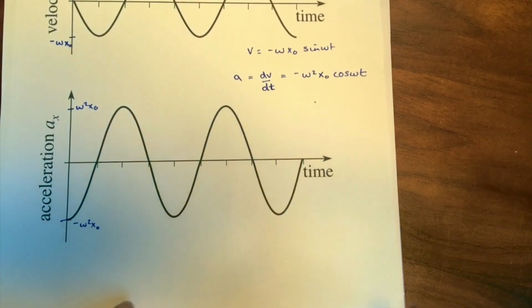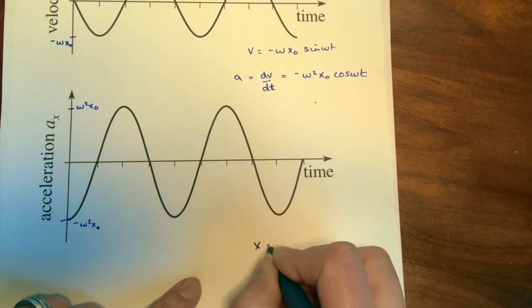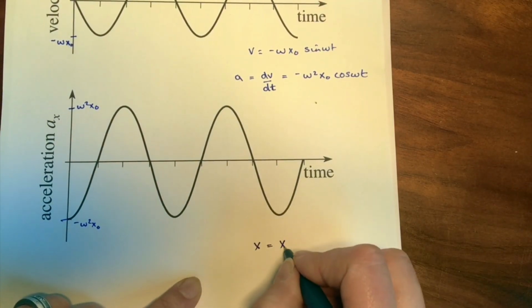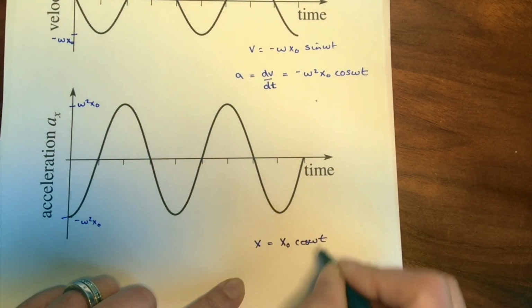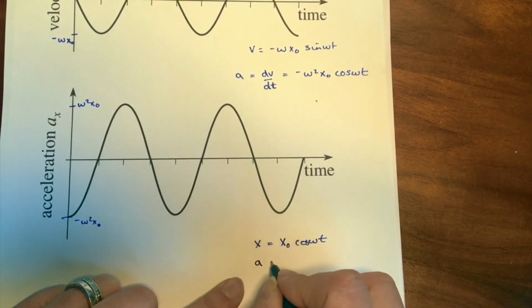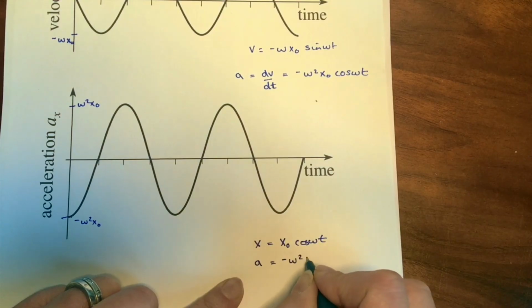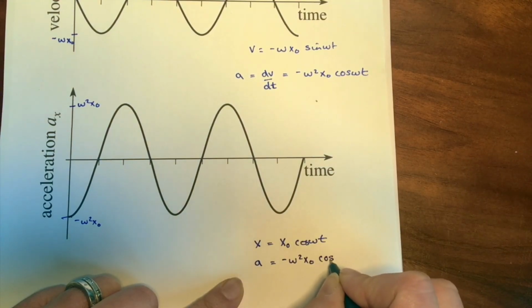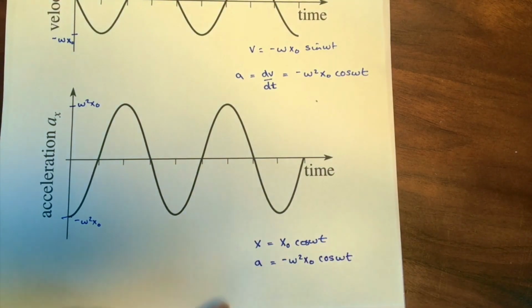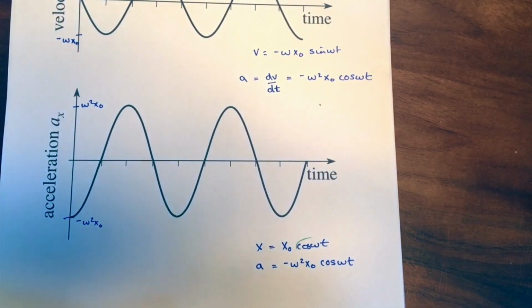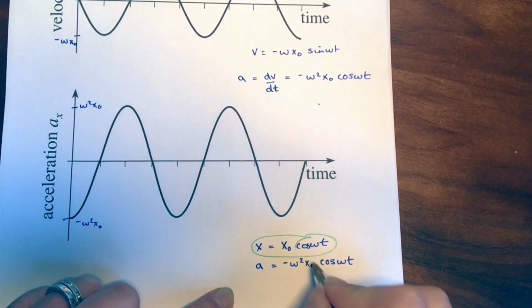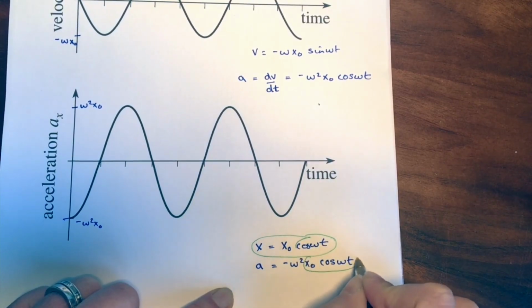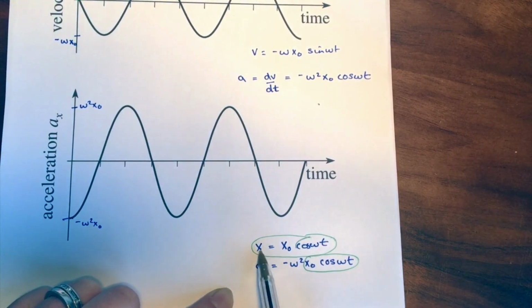Let's look at these two formulae. We started off with displacement was x naught cos omega t, and acceleration is equal to minus omega squared x naught cos omega t. Can you see that there are two factors here that are the same? x is equal to x naught cos omega t.